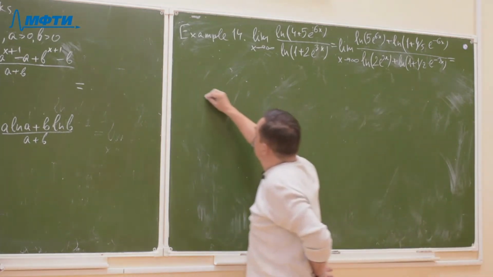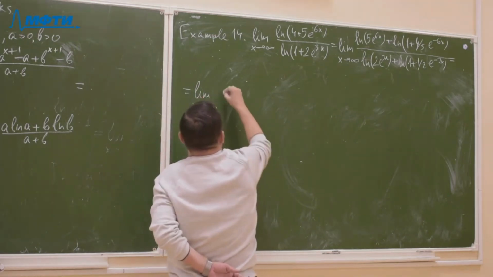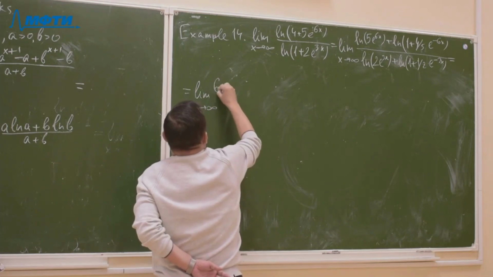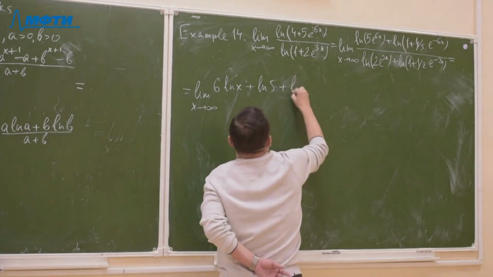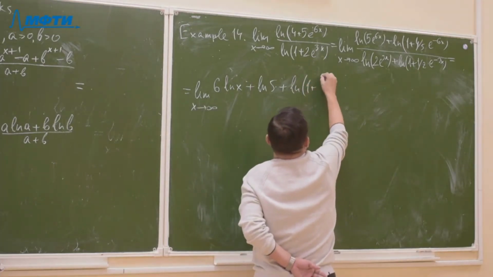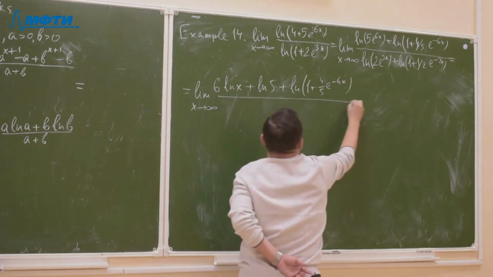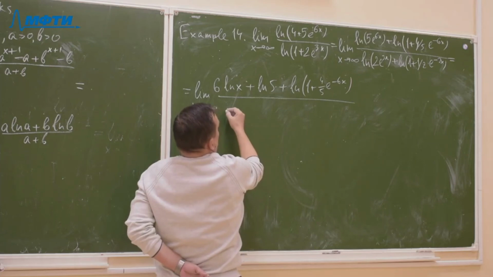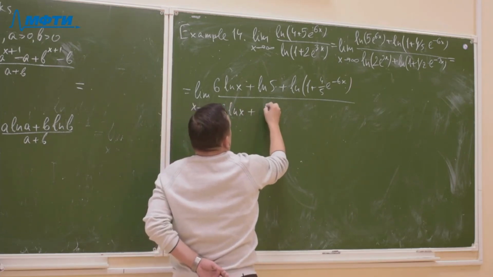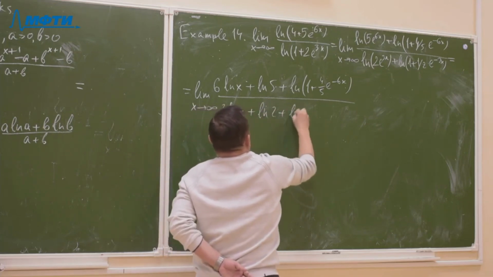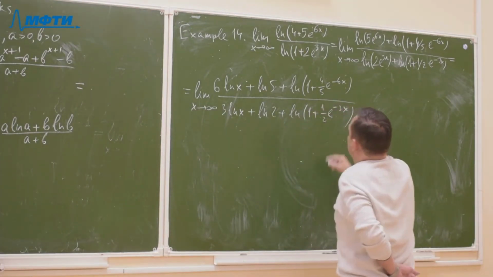Then we can use properties of the logarithmic function to write down 6 x plus logarithm 5 plus logarithm (1 plus 4 over 5 e to the power minus 6x), over 3x plus logarithm 2 plus logarithm (1 plus 1/2 e to the power minus 3x).